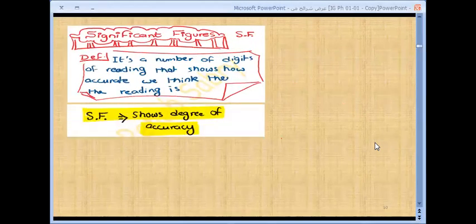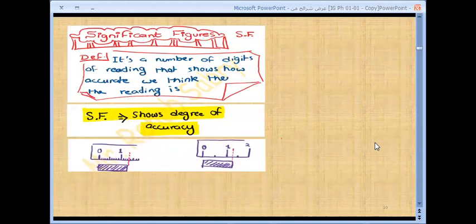Significant figures show the degree of accuracy. How? Let's look at this here. If we try to measure this shaded part, zero is not a division. I can't say zero is a division. The smallest division is 1 millimeter. Okay, you got it, Abdullah?